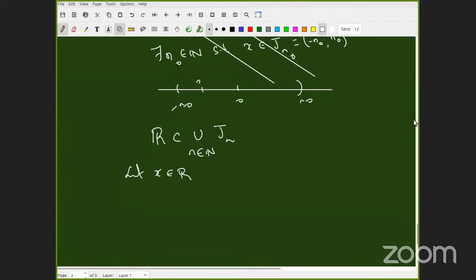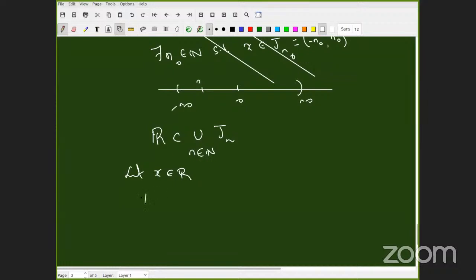I'm waiting for your response. See, I started with x in R. What is it that I have to prove? Go step by step, I don't want to jump. So we have to prove that x belongs to the union over n in N of Jn.